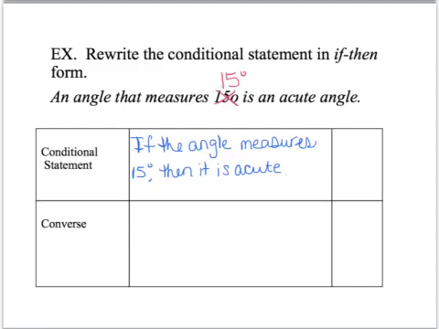If you have another way, you can choose to rewrite it a different way. Okay, is that true? If the angle measures 15 degrees, is that an acute angle? Yes. So for the truth value, we're just going to put T for true.